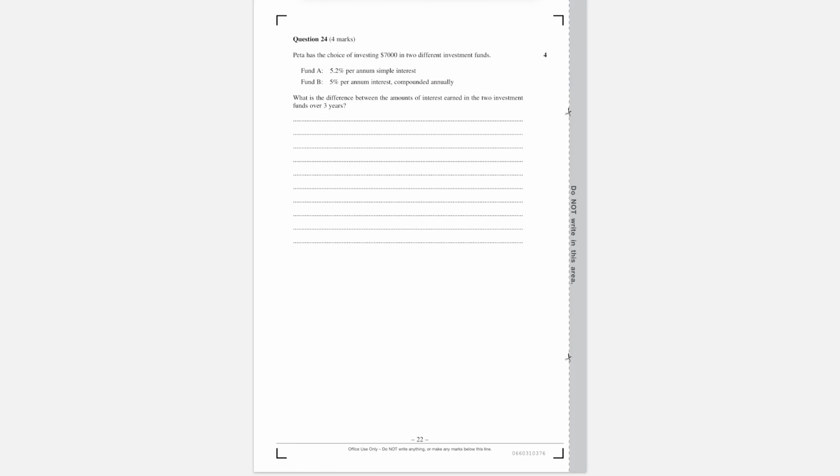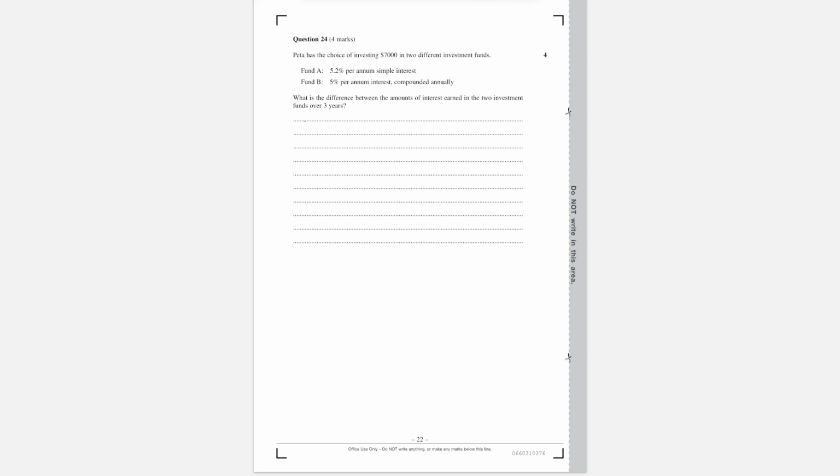All right. Peter has a choice of investing $7,000 in 2 different investment funds. Fund A is 5.2% per annum, simple interest. Fund B is 5% per annum, compounded annually. What is the difference between the amounts of interest earned in the 2 investment funds over 3 years?